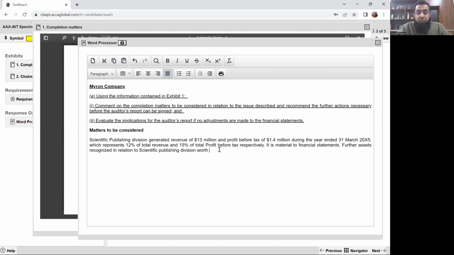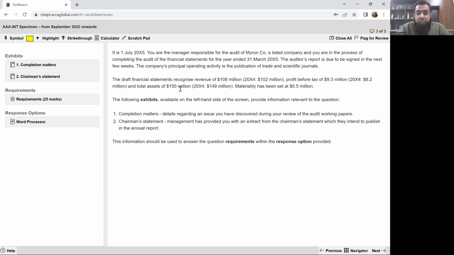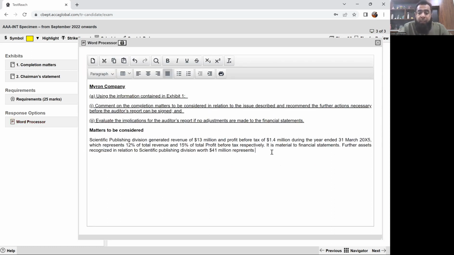So $41 million represents how much? The total asset value is also given on the introduction screen. It's $150 million, so 41 divided by 150 is 27.3%. It represents 27.3% of total assets. Therefore, it is material to the financial statements.